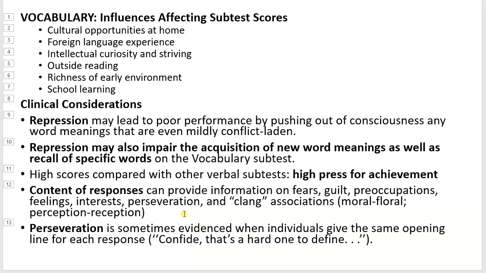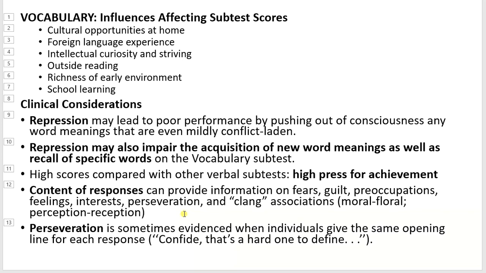Similarly, repression may also impair the acquisition of new word meanings as well as recall of specific words on the vocabulary subtest. So dominance of repression or repressive personality may be one factor reflecting poor test score on this.